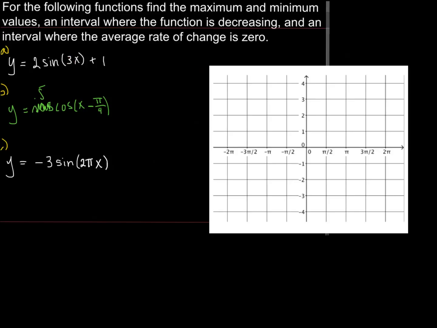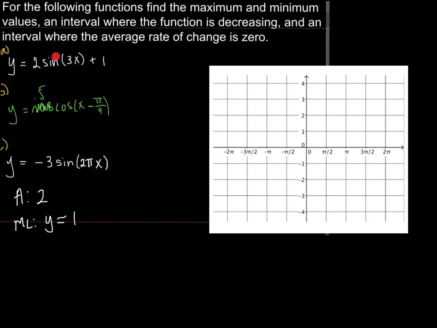Where does this come from? This comes from looking at the amplitude and the midline. Okay? So my amplitude for part A is 2, and my midline is the line y equals 1. And the amplitude, of course, tells me how much higher can I go than the midline, right? The maximum I can go is 2 times 1. And what's the lowest below the midline I can go?